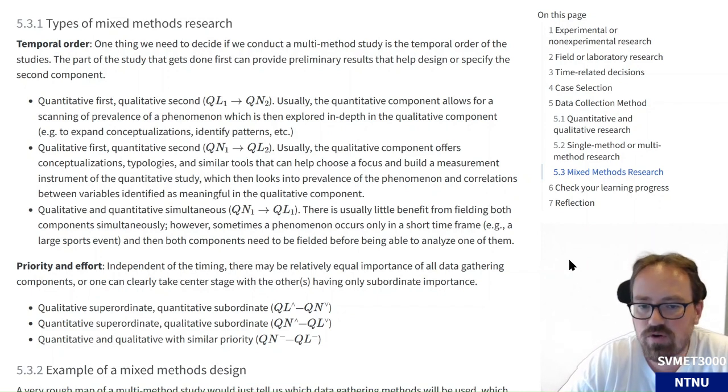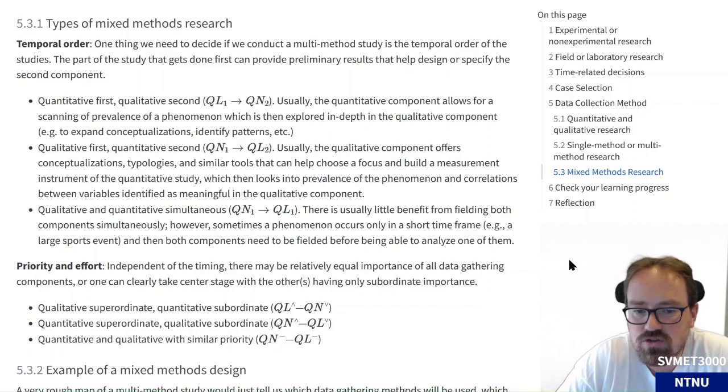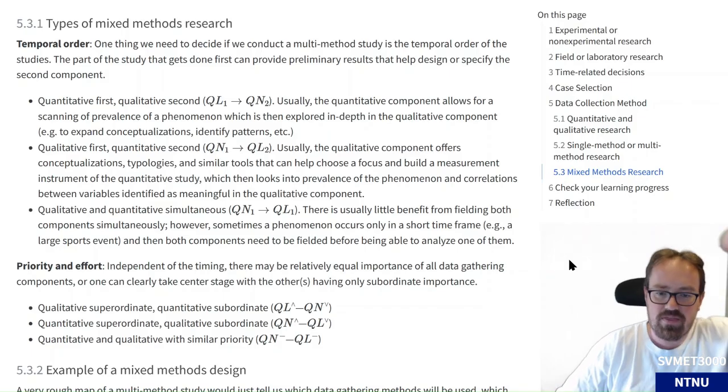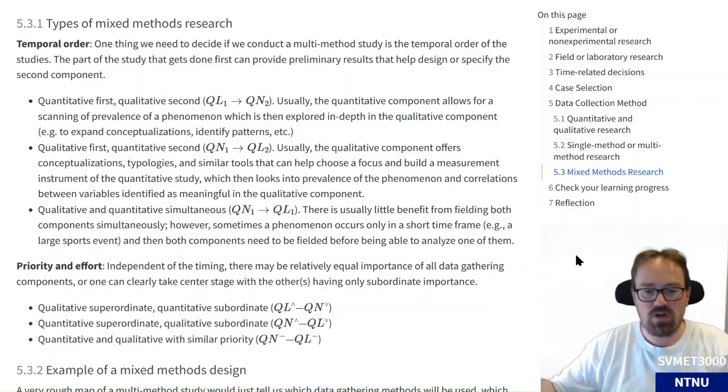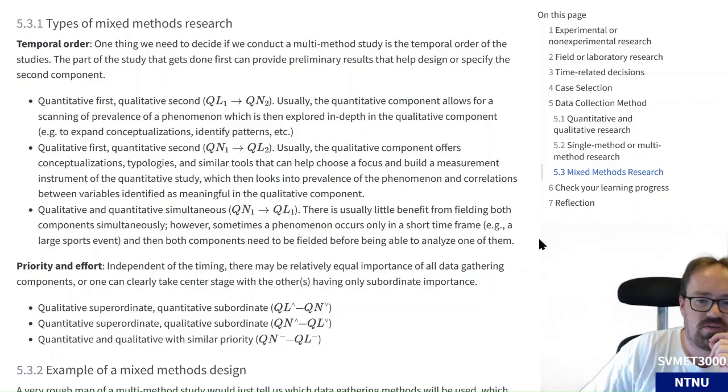So they can't really benefit from each other, but they can collect data that together tells you something about the phenomenon that only one of the two data sets could not.